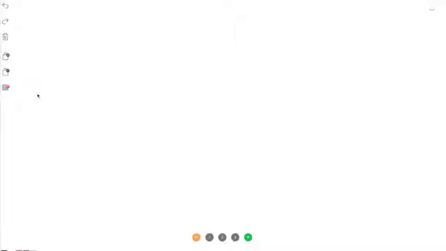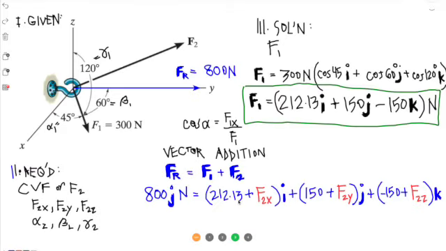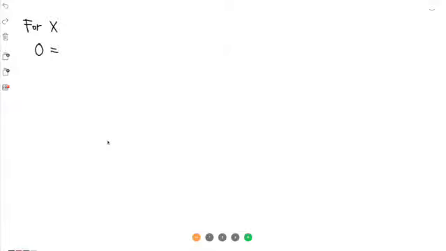For the i direction, for x, the resultant is 0, and that is equal to 212.13 plus F2x.